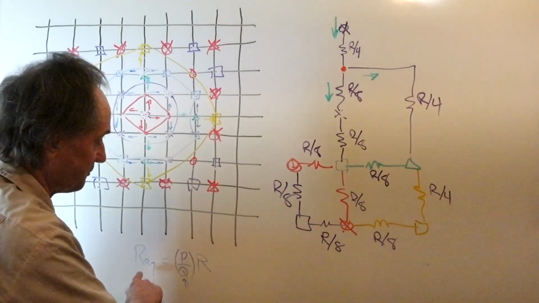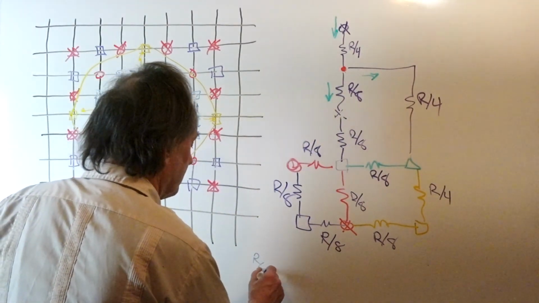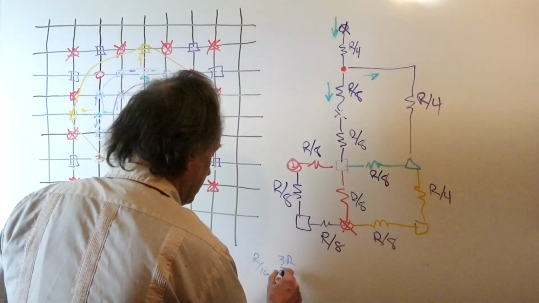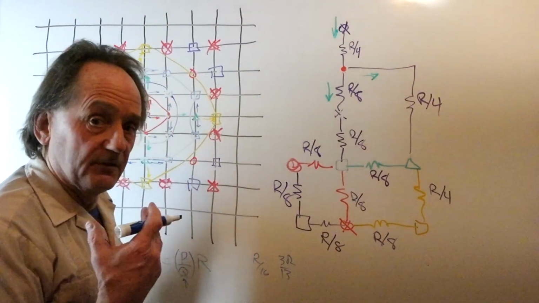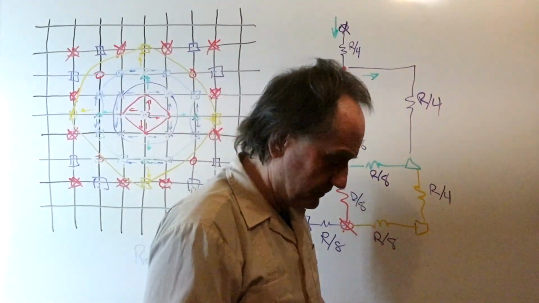It cannot be expressed this way. So if you end up with, say, R over 16 or 3R over, say, 13 or something like that, that can't be the right answer because these are rational expressions.